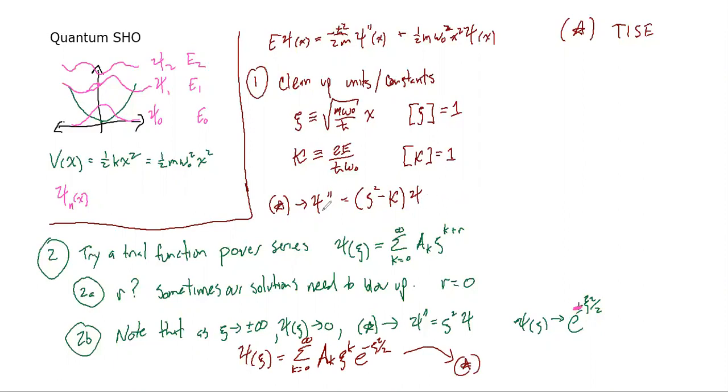I would need to take 2 derivatives of this thing and then multiply it by psi squared minus k times the thing itself. So any questions about that? I'm going to skip that. That's just a lot of algebra and calculus. That's the bulk of what we did.